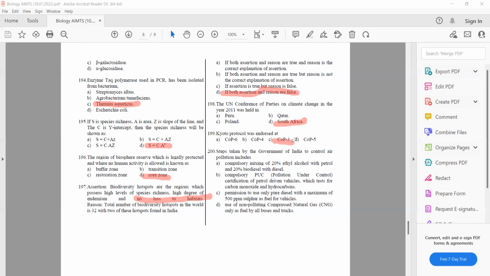During the third session, the Kyoto Protocol is especially to reduce the emission of greenhouse gases, right? Then steps taken by the government of India to control air pollution include use of non-polluting compressed natural gas only as fuel by all buses and trucks.